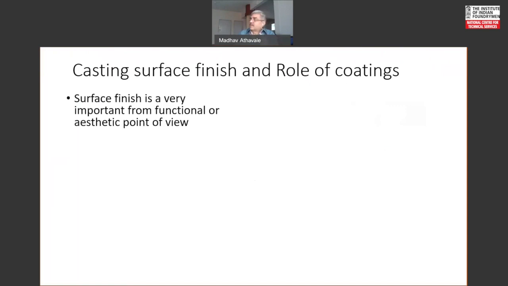One is the functional aspects and another is aesthetic aspects. As an example, here is an enamel layer where the casting has to have a particular level of roughness so that you are able to provide the enameling, which is a coating on the surface, of the right quality.